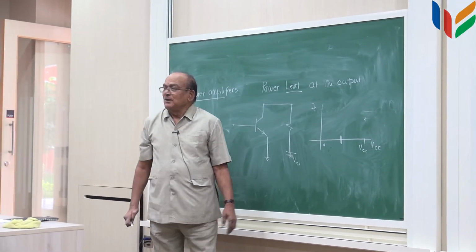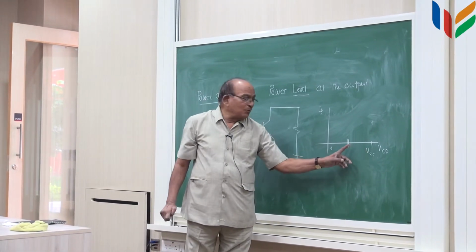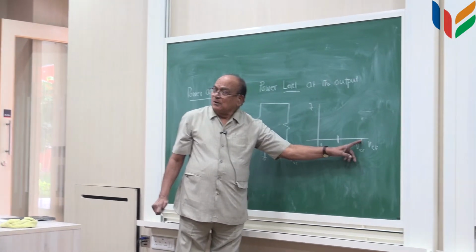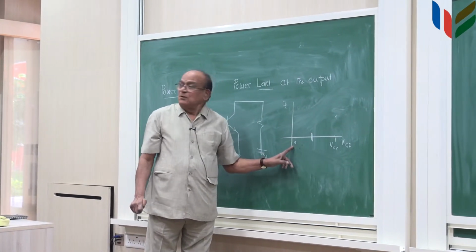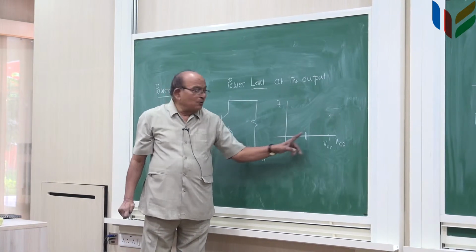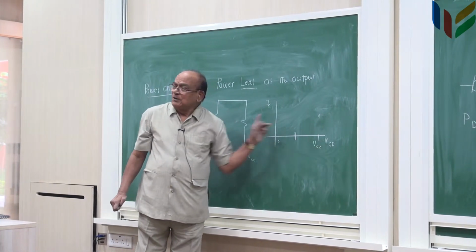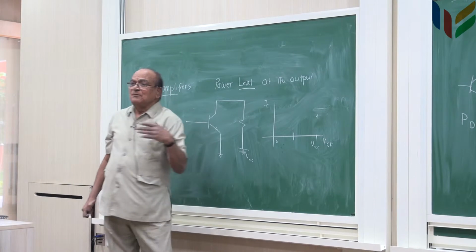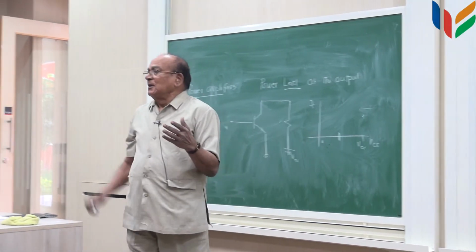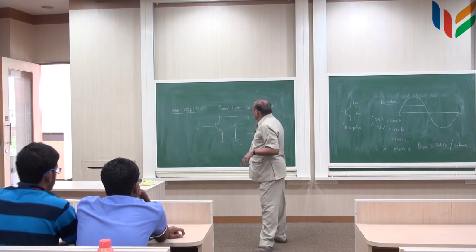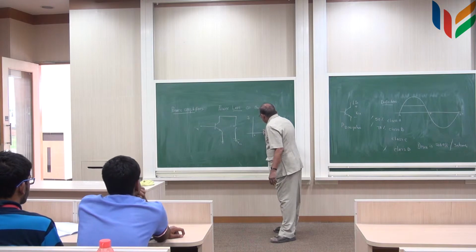Why? Because then the voltage across this can go from a peak value of VCC to a 0 value. If it goes beyond VCC, then what happens? The sine wave will get saturated, and cutoff will happen at the peak values.